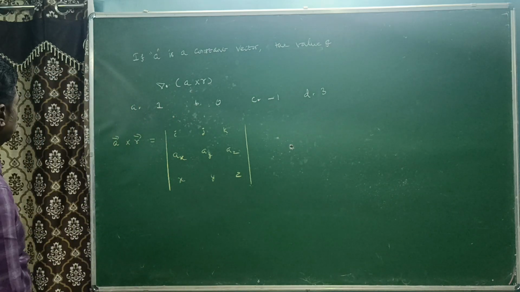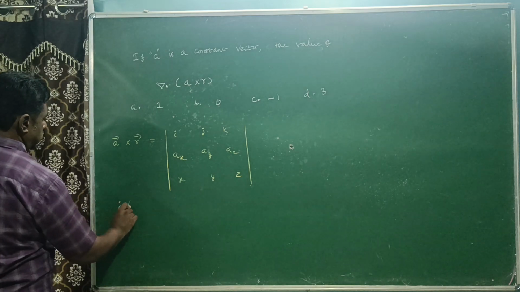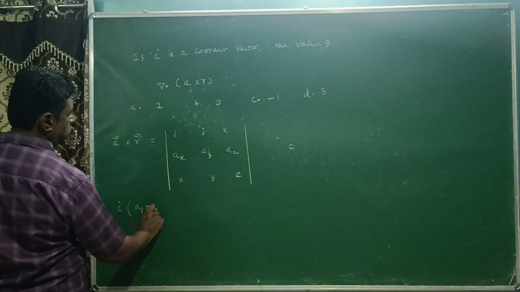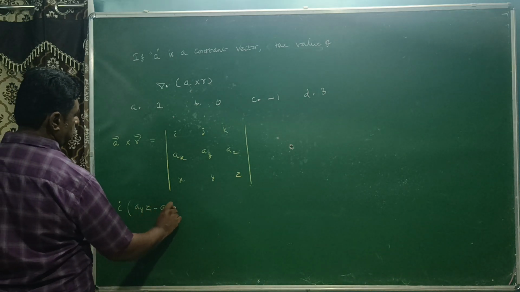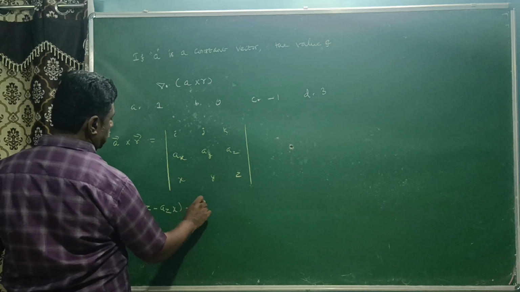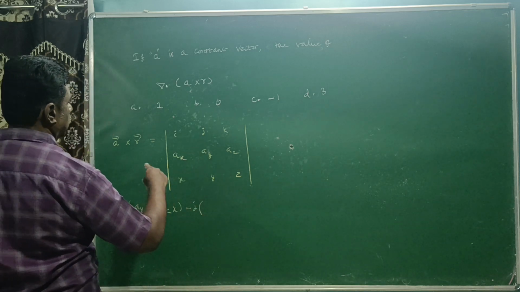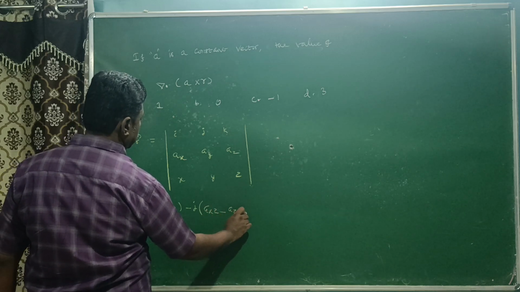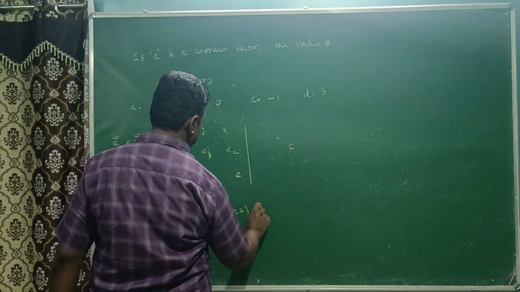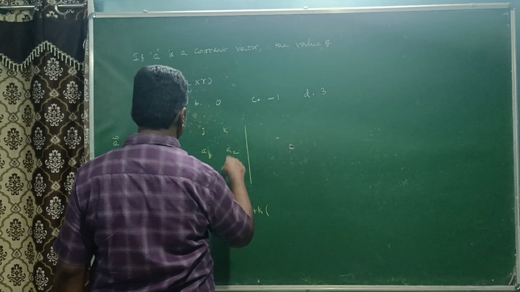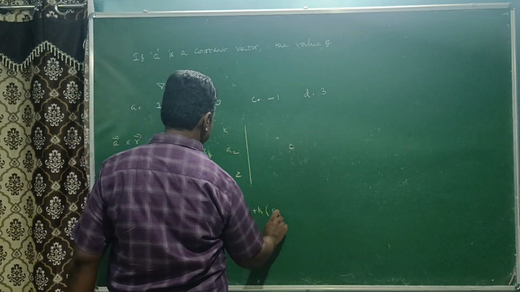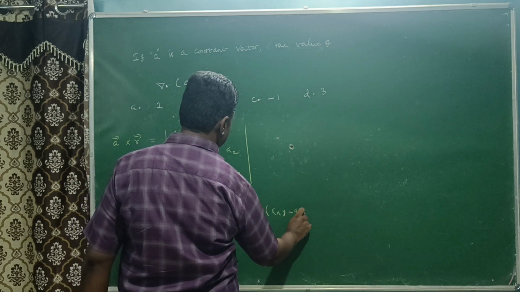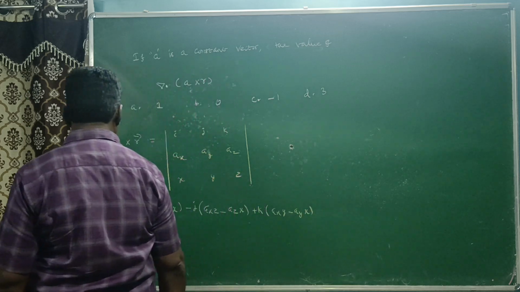Now we have to find i into (Ay z minus Az y) minus j into (Ax z minus Az x) plus k into (Ax y minus Ay x).